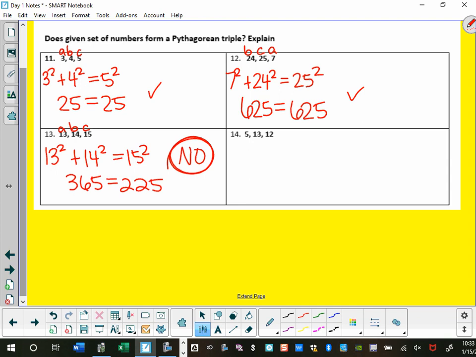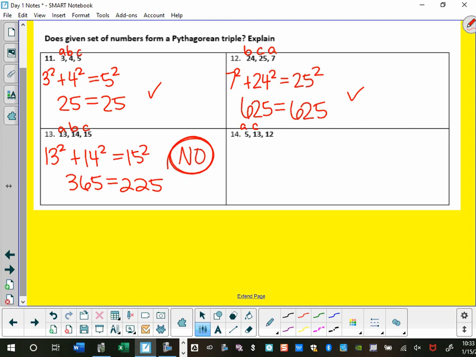I want you guys to do number 14. Now your hypotenuse, set up your equation. Michael, what did you get for your hypotenuse? 13.